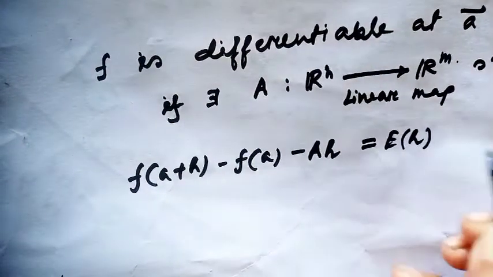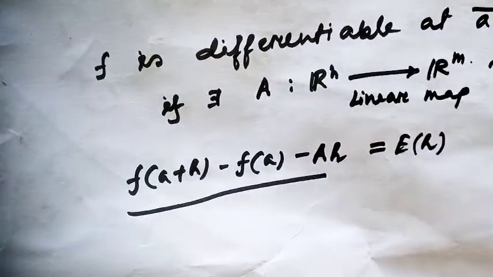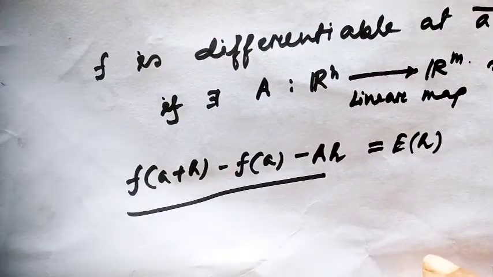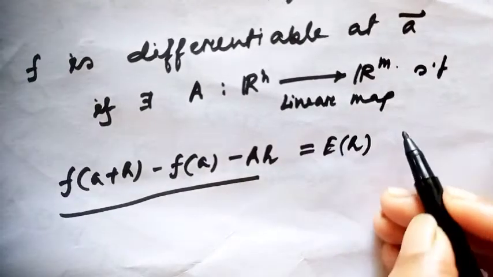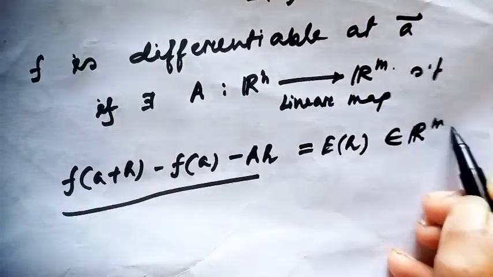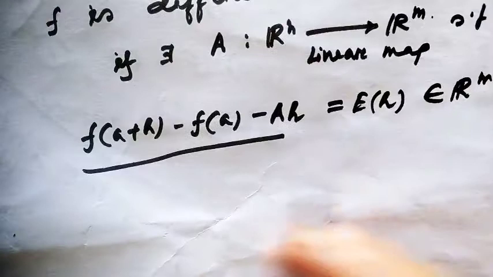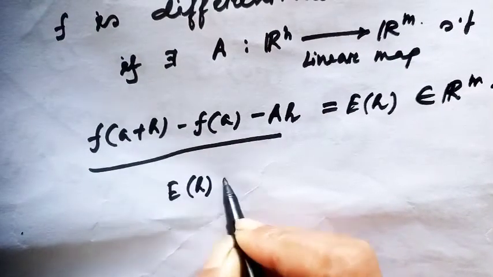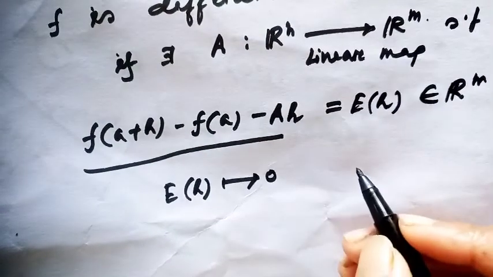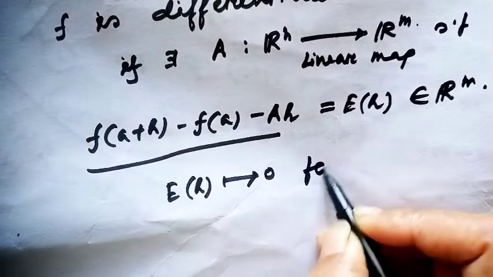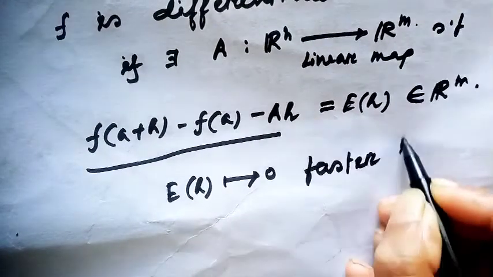This is the error term of this function, and this e of h belongs to Rm, and this e of h should go to 0 faster than h goes to 0.